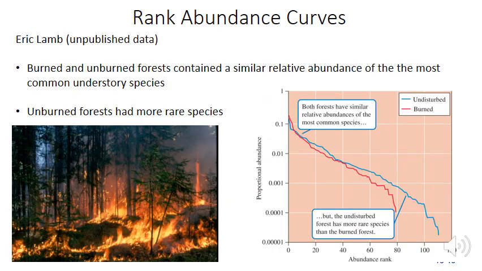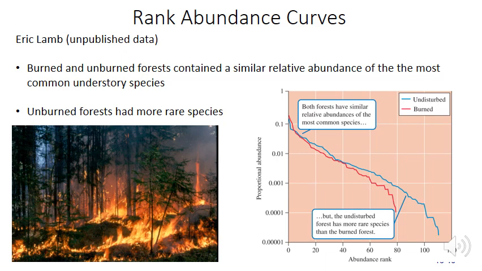So to give you a good example of when rank abundance curves have been used to good effect, this is a study by Eric Lamb, who collected species abundance data in boreal forests, both forests that had burned recently within the last 4 years, and forests that showed no signs of having recently burned. And his data are represented by the 2 lines on the right hand side.